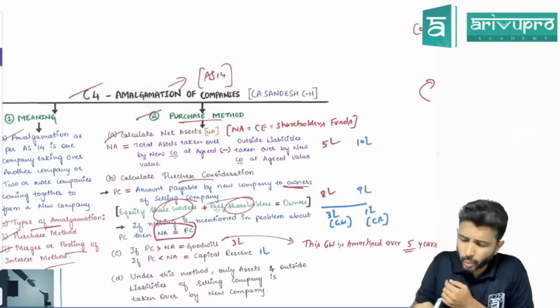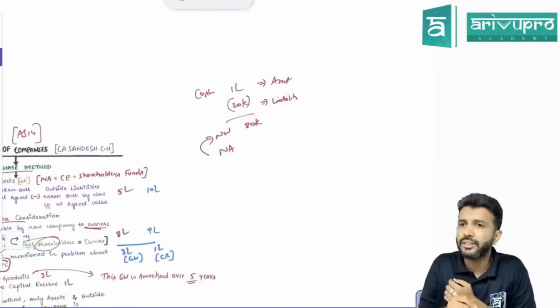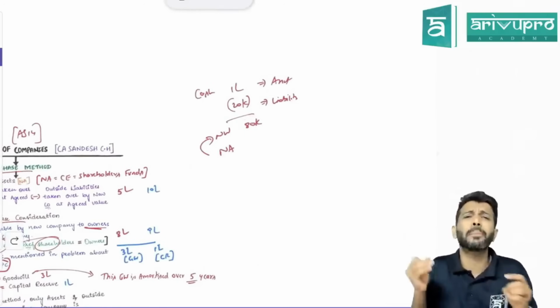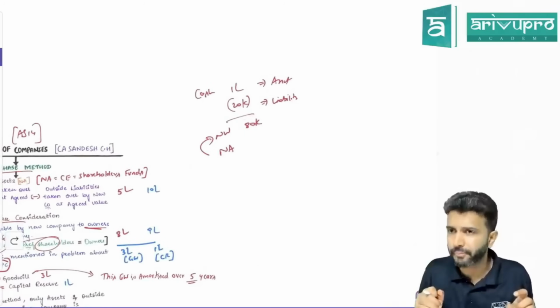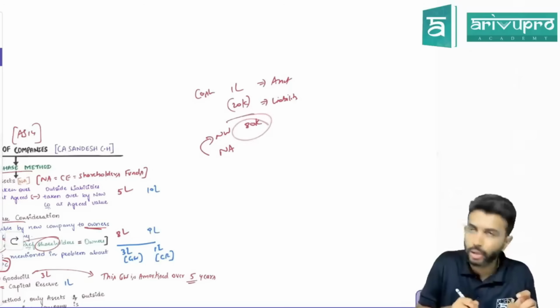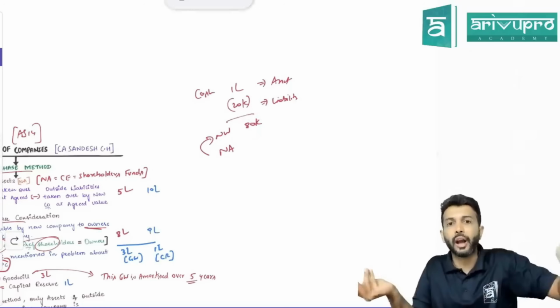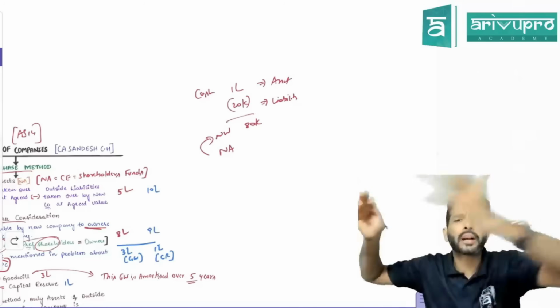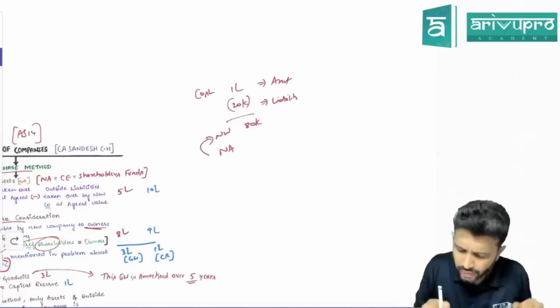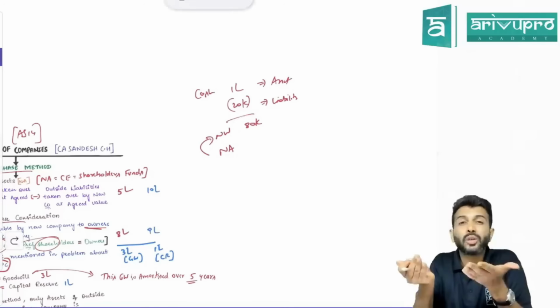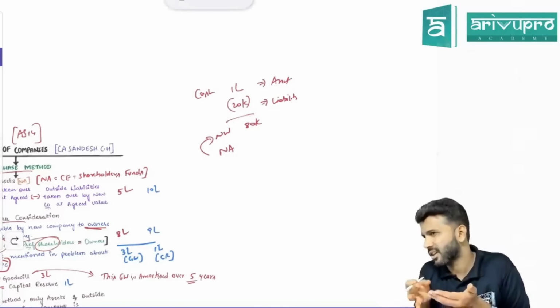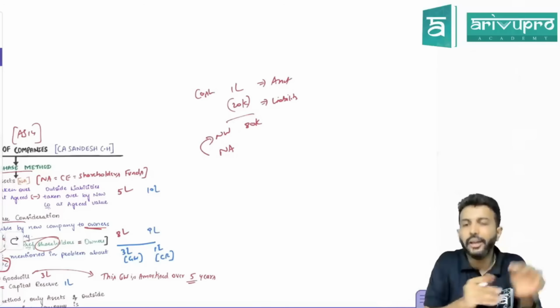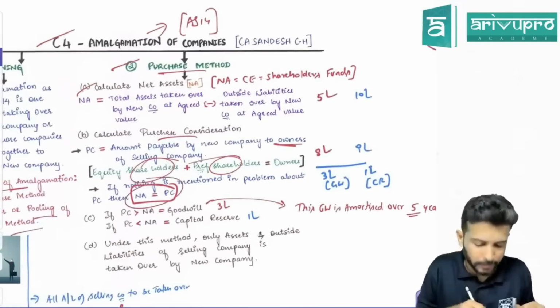If the worth of the selling company is 80,000 and the purchasing company does not tell how much it paid, how much should you logically pay? Whatever is the worth, that much you need to pay and acquire. Worth is 80,000. That worth we call net assets. So if PC is missing, net assets itself becomes your PC.